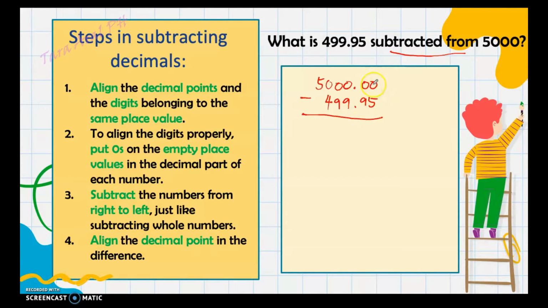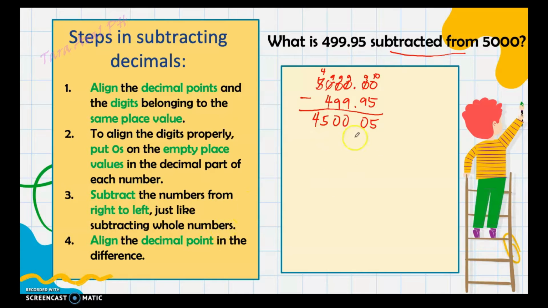So we have here 0 minus 5. We need to regroup this. We have 10 minus 5, this is 5. Then this is 9, another 9, 9, 9. And this is 4. Since we regrouped, 9 minus 9, that's 0. 9 minus 9, 0. 9 minus 9, 0. 9 minus 4, that is 5. Then 4, put it here.